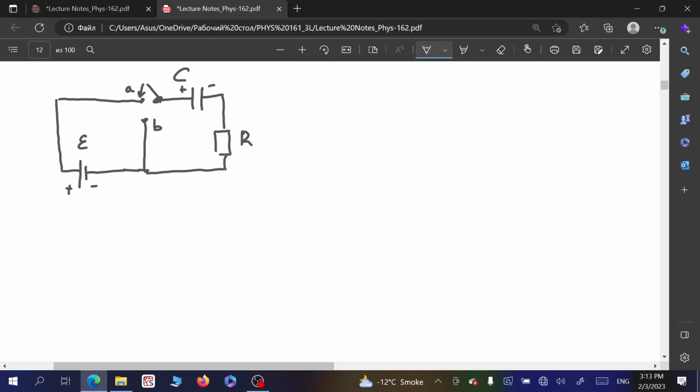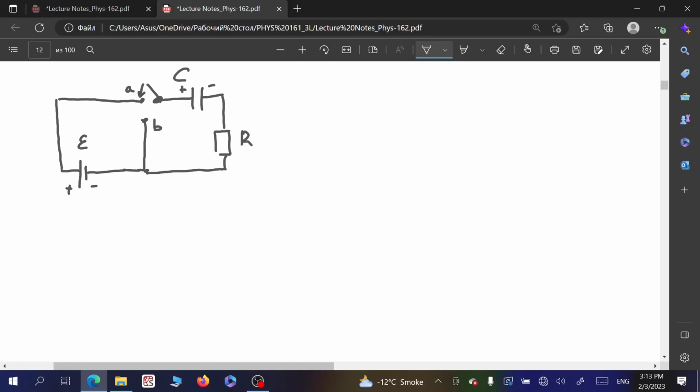What will the load resistor limit? The current which flows through the circuit. Smaller current means a longer time to discharge the fixed amount of electric charge.